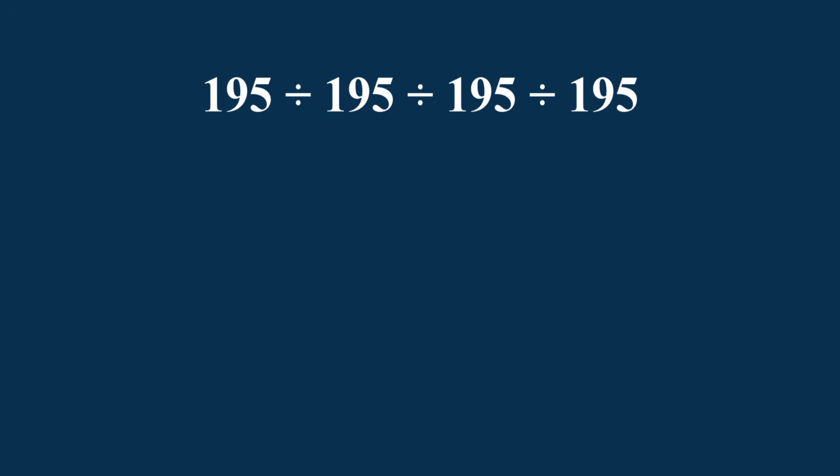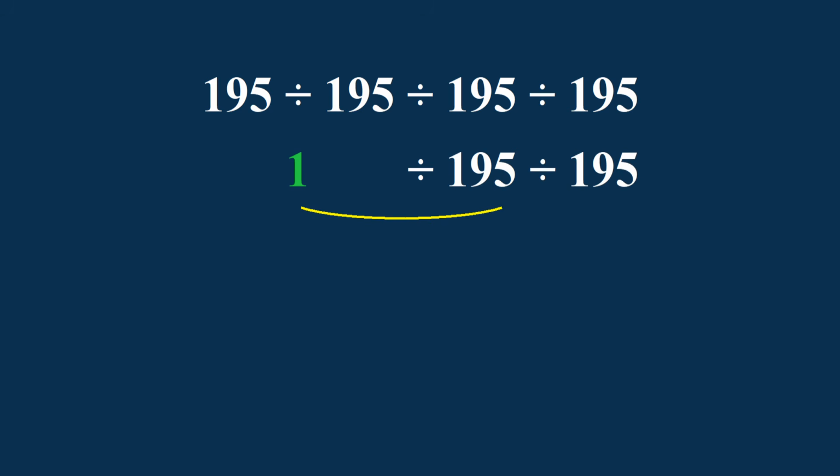So we have first this division, 195 divided by 195 equals 1. So we have 1 divided by 195 divided by 195, and we can write this part as 1 over 195 divided by 195.